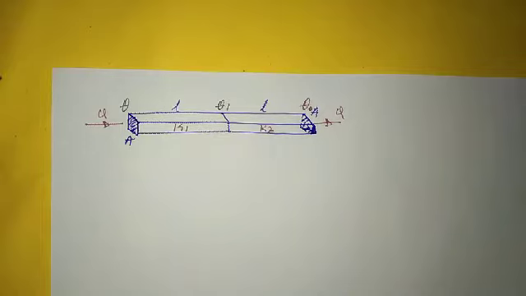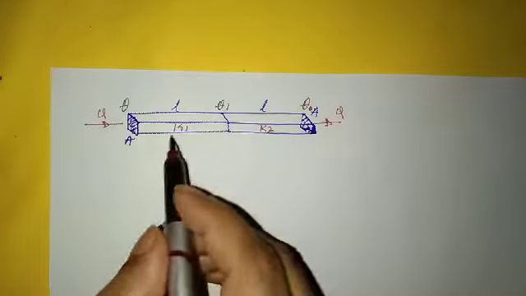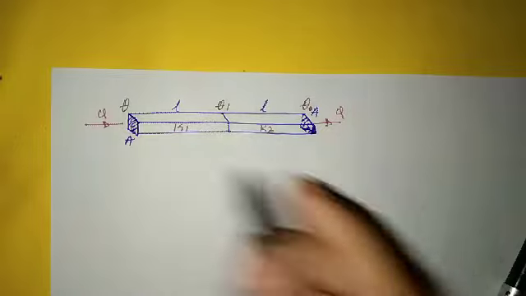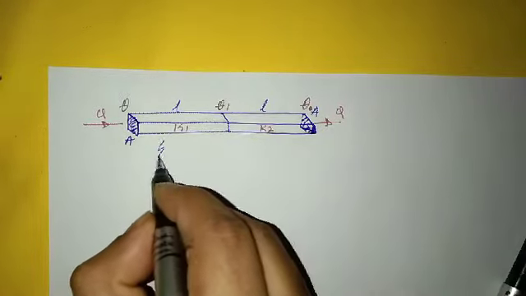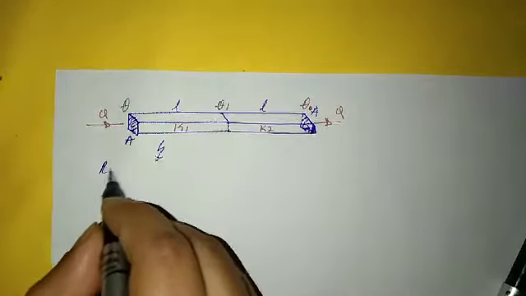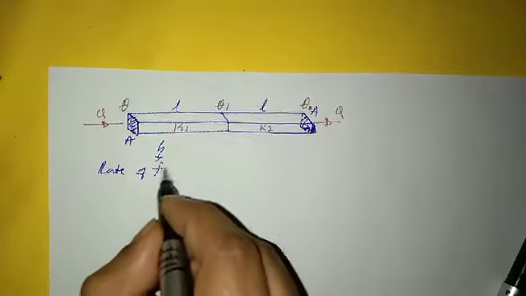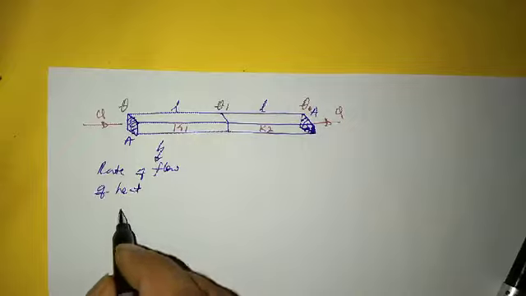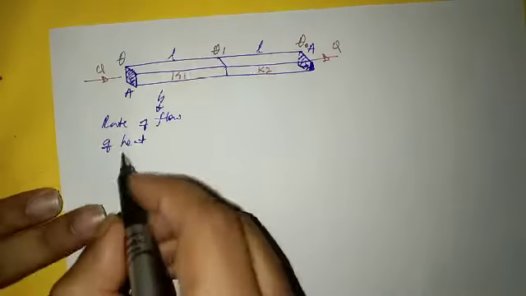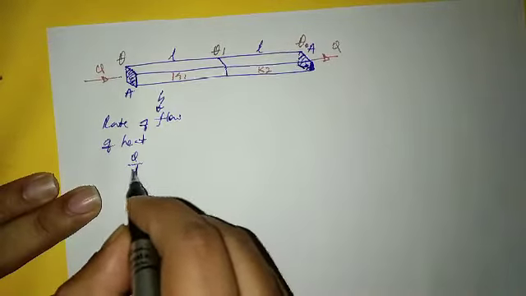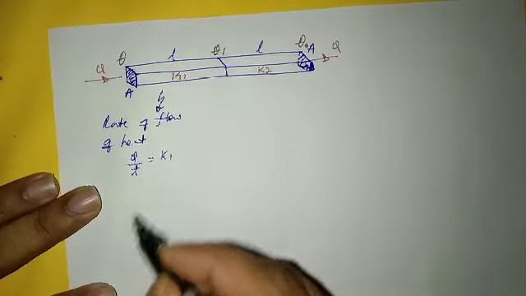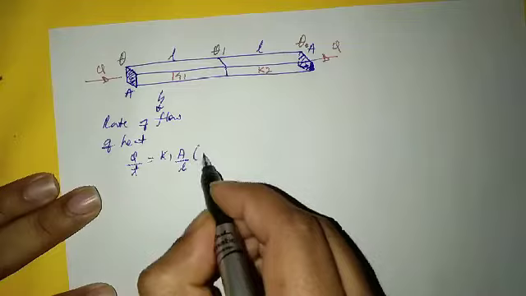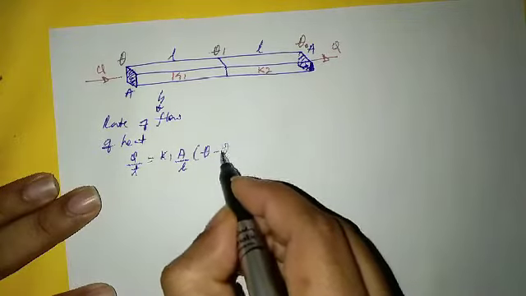Now, what expression can I write for the rate of heat flow in the first part of the conductor? The rate of flow of heat is Q divided by T, which is K1, the area is A and the length is L. The temperature difference is theta minus theta 1.